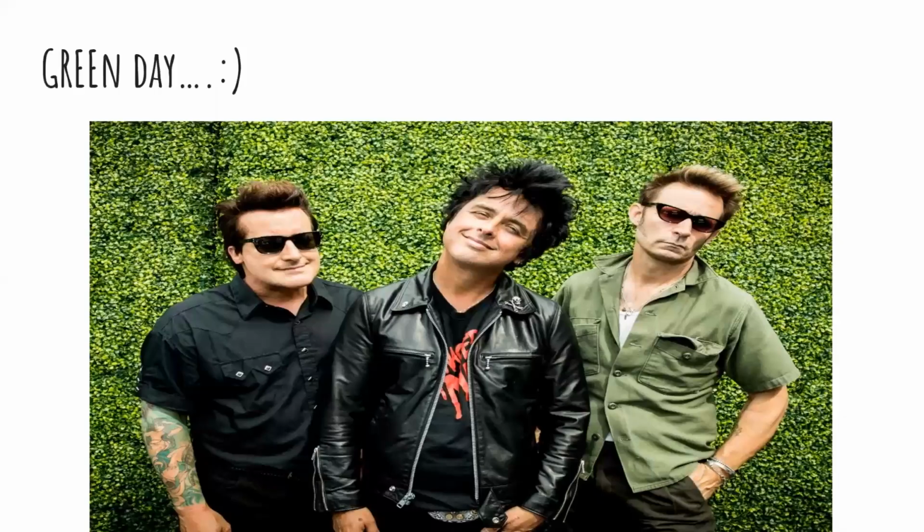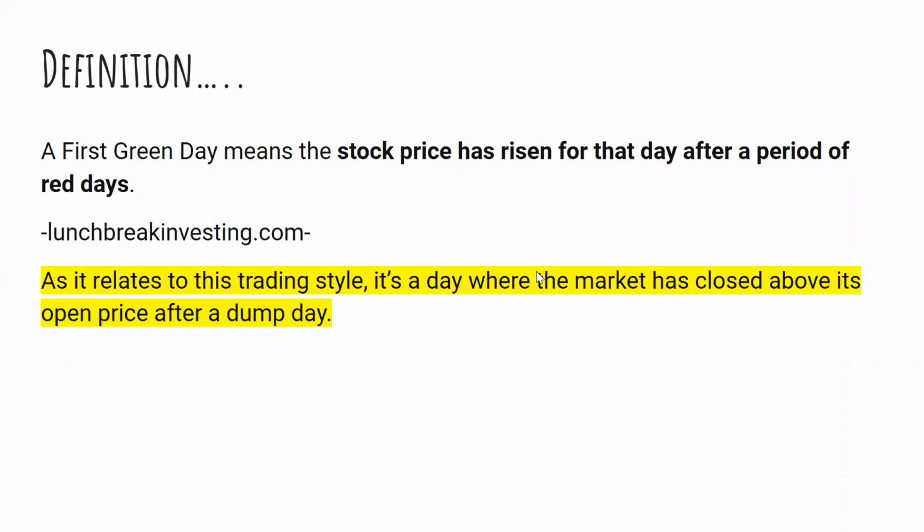Well, the first green day is not these guys, that's for sure. So the definition is, a first green day means the stock price has risen for that day after a period of red days. That's according to lunchbreakinvesting.com.